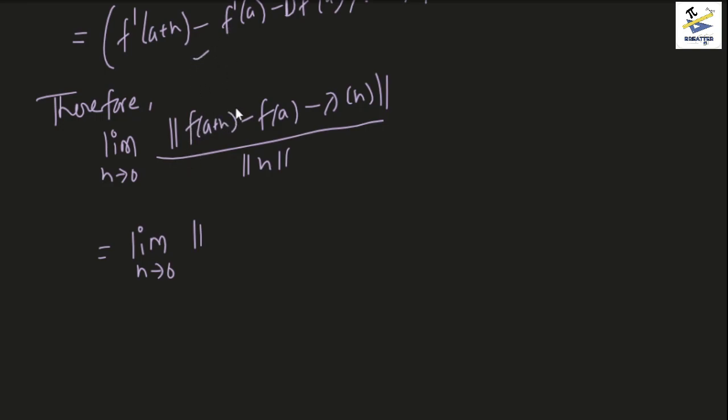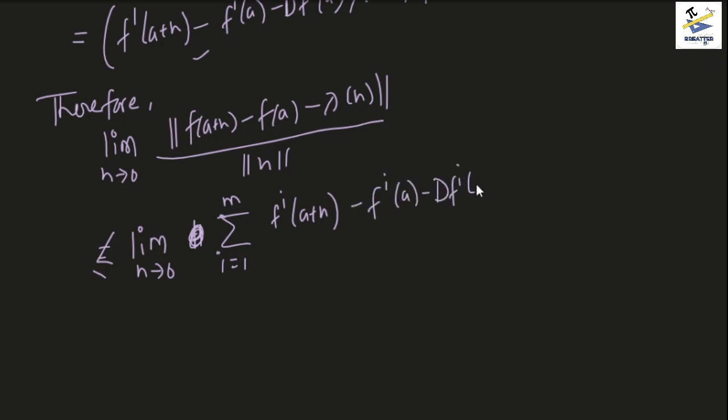When we take the norm of that, it's basically a summation in square root form, but since we have already proved that this is less than or equal to the mod of that, what we can find is this is less than or equal to the summation i equals 1 to m of the mod of fi of a plus h minus fi of a minus dfi of a applied to h, divided by mod of h.